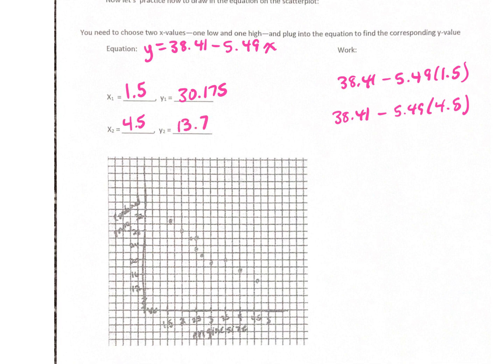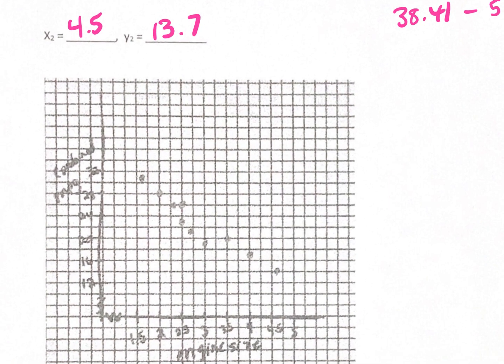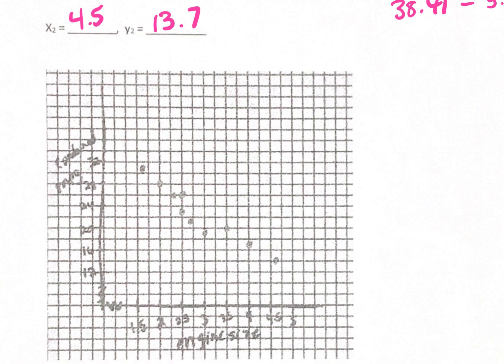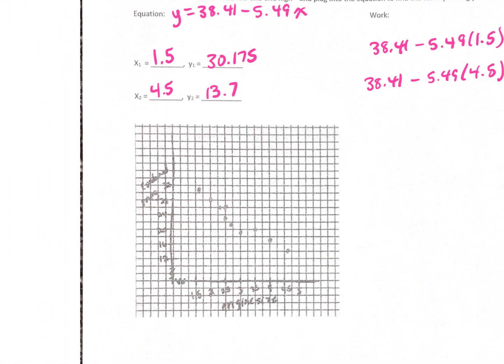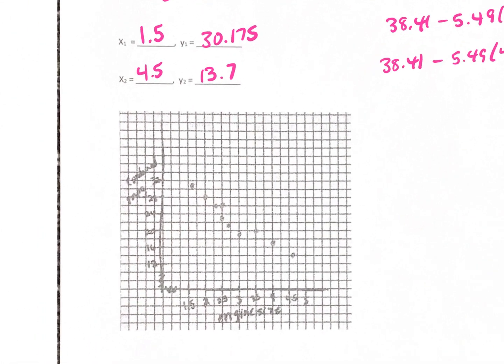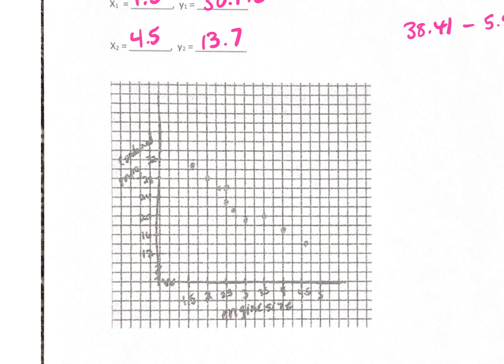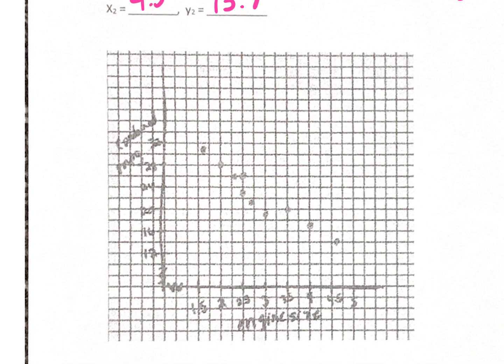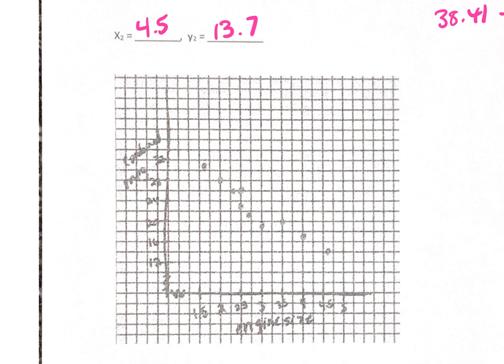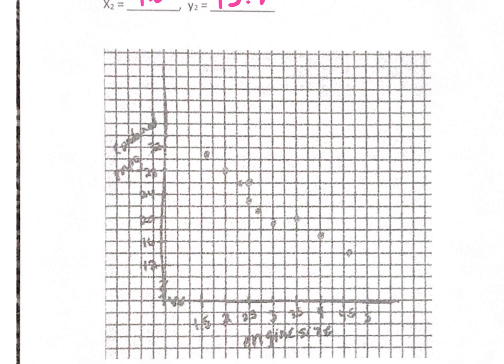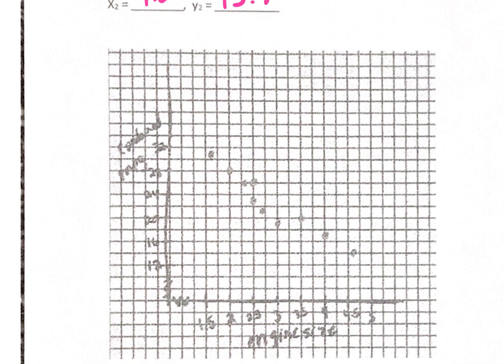Okay. And then we are going to draw those particular points on the graph. Guys, we want to denote those a little bit differently than the data points. I use literal points for the data values, so my suggestion would be to do a little X instead. So we want to go to 1.5, and 30.175, so that is about right there.